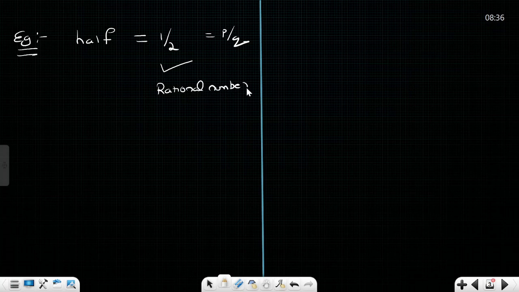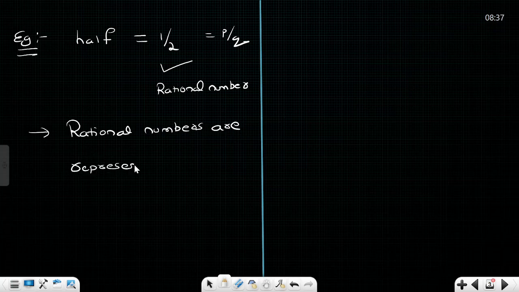One important point I wanted to say here: rational numbers are represented by letter Q. Therefore, what we can say is half belongs to Q. You might be getting confused.